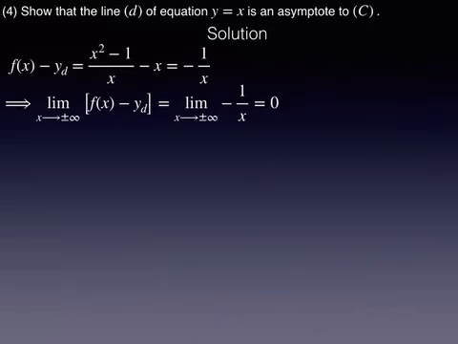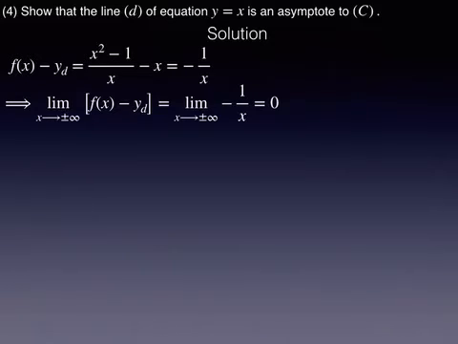Then we find the limit at plus and minus infinity of the simplified expression of f of x minus yD. So limit x tends to plus or minus infinity of f of x minus yD is equivalent to the limit as x tends to plus or minus infinity of minus 1 over x, which is minus 1 over plus or minus infinity.